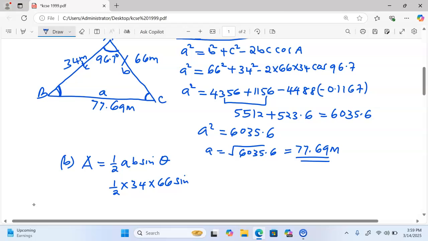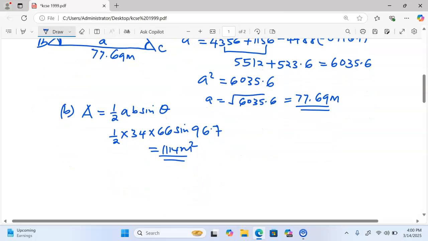We multiply by the sine of angle theta, which is 96.7. This gives us 1114 meters squared. Remember, after getting the area, they want us to find the area of the subdivision.